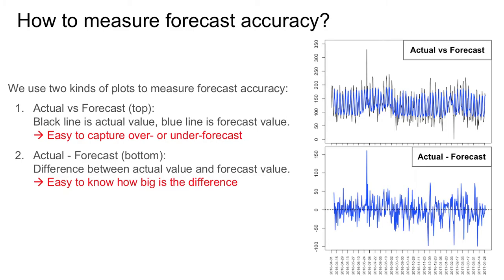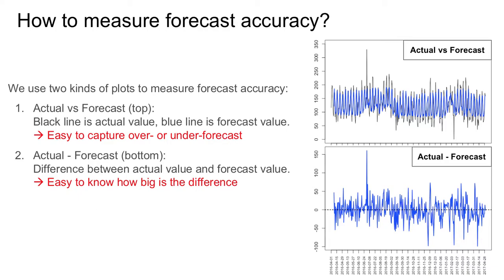So how do we measure our forecast accuracy? Here I'm going to introduce 2 kinds of plot. The top one is the actual value versus the forecast value. The bottom one is the difference of actual values minus forecasted values.